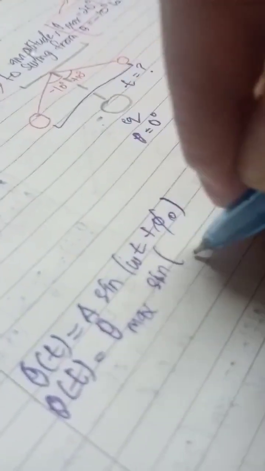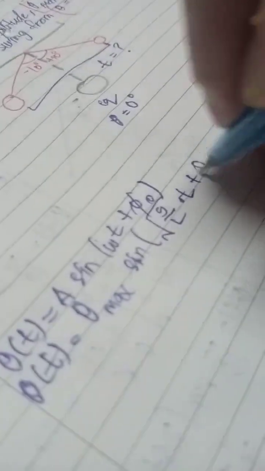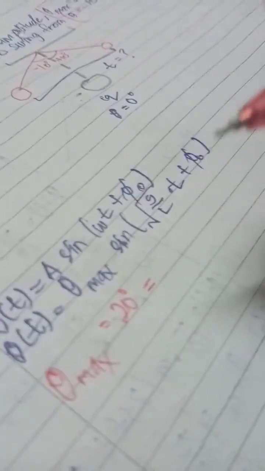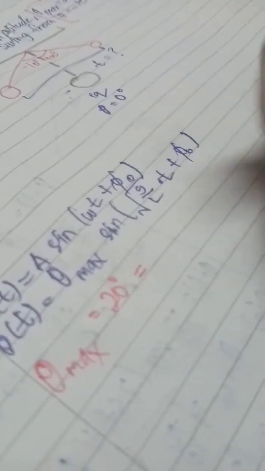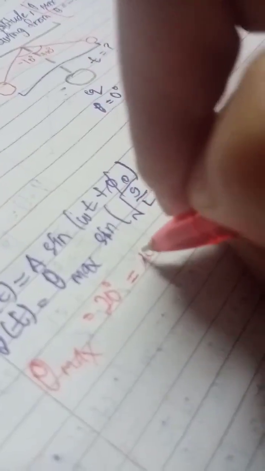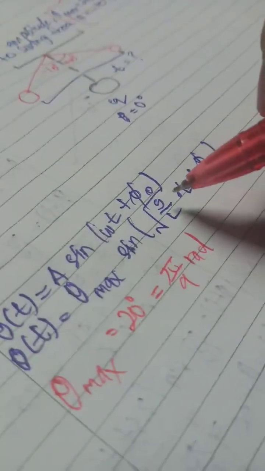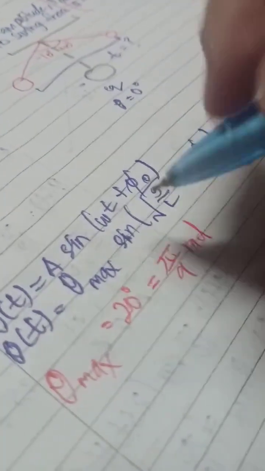So theta(t) is equal to theta maximum sine(omega t plus phi naught), where omega is equal to the square root of g over L. We know that theta max is equal to 20 degrees, and converting it into radians, 20 degrees is equal to pi over 9 radians. And here we have the square root of g over L, which is omega.